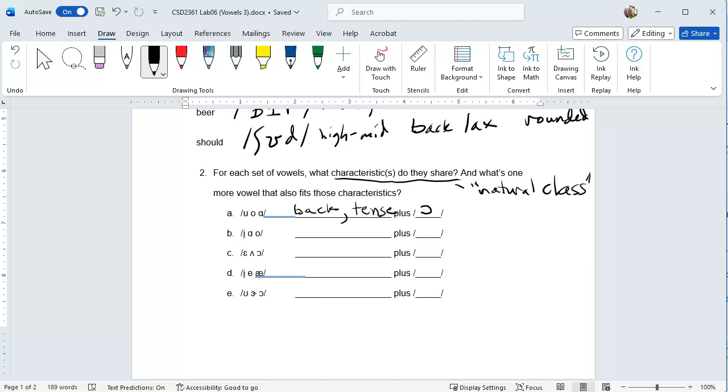They are the same in terms of that tense lax dimension, so other vowels that also have this tense characteristic, all the kind of regular spelling symbols like A or oo, for example, would fit in this category as well.